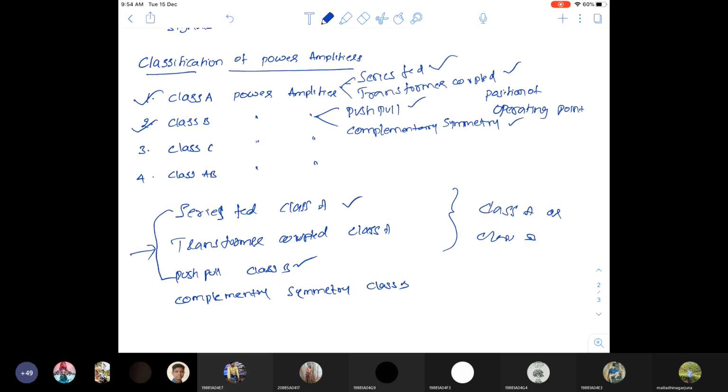This is for 16 marks, plus there are 2 marks questions. For the 2 marks questions, they may ask what are the classifications of power amplifiers, what is the definition of a power amplifier, what are the differences between a power amplifier and a voltage amplifier, or what are the objectives of power amplifiers.